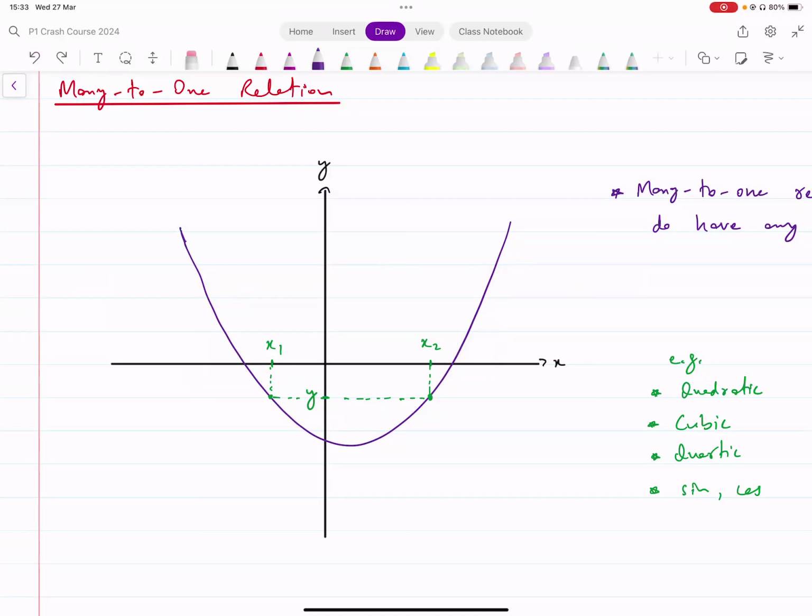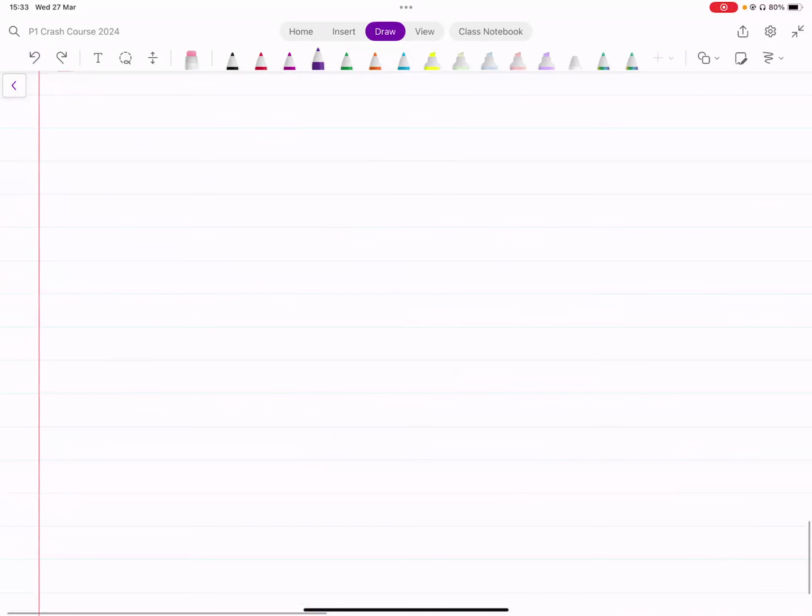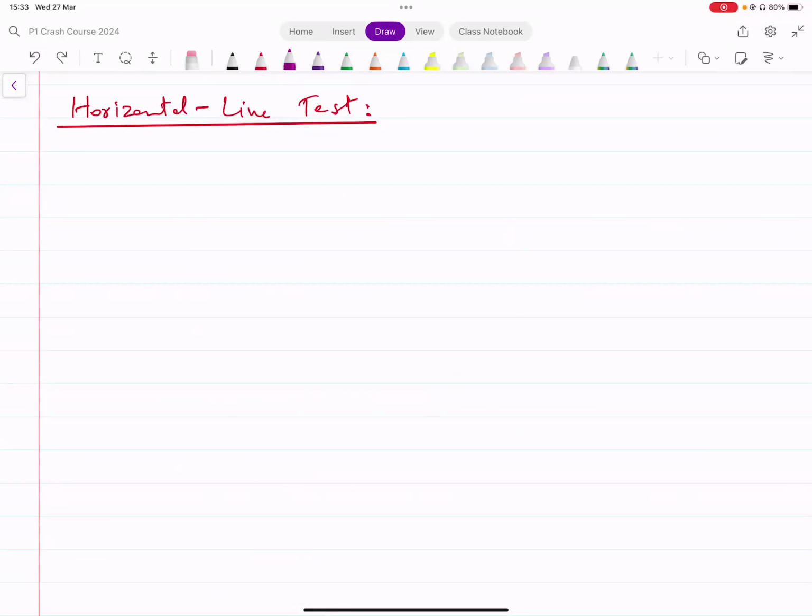So basically, you ask yourself this question. I'm going to write that down here now. Horizontal line test.